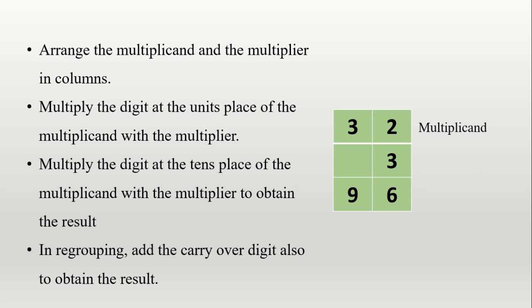Yes, it is called a multiplicand. And how about the 3? What do we call 3? Yes, correct. It is the multiplier. And how about this 96? What's the name for that? Yes, it is the product. So 96 is the product of 32 and 3.